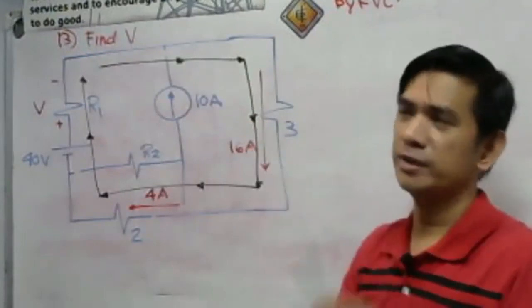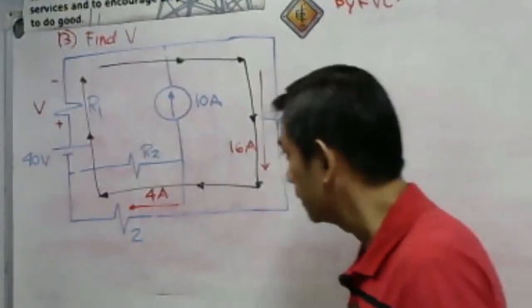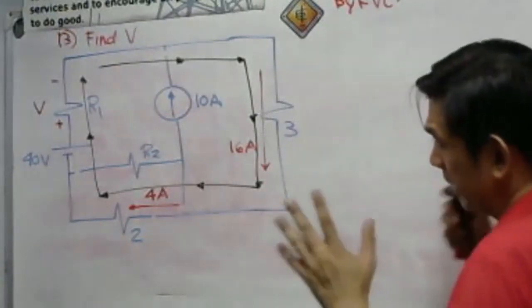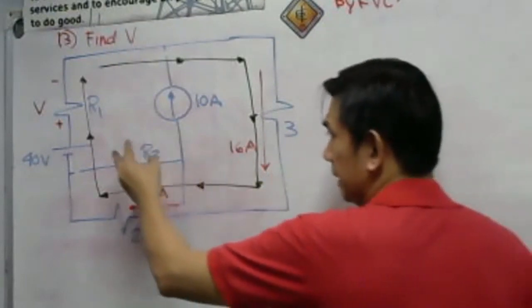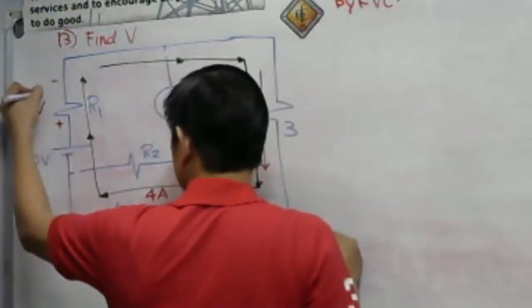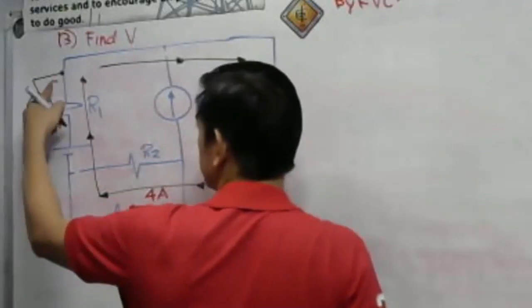Because the only question is V. Find V. What do we have here? As we see here, this V is considered to be a voltmeter that has a positive and negative terminal.